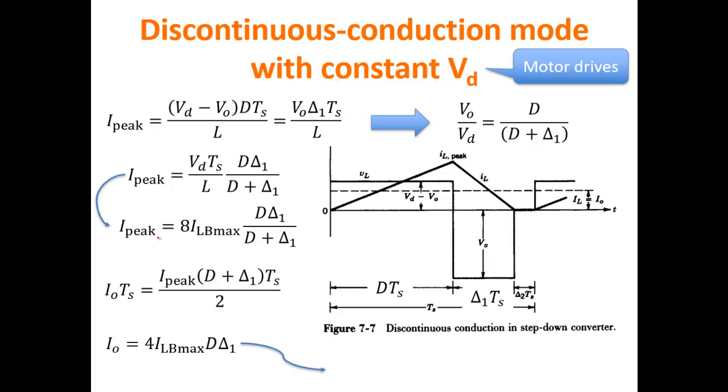And many things can be simplified. Because if you look, if I do this substitution, d plus delta 1 and d plus delta 1 go away. 8 is divided by 2 and becomes 4. And you have 4 ILB max times d times delta 1. Okay?